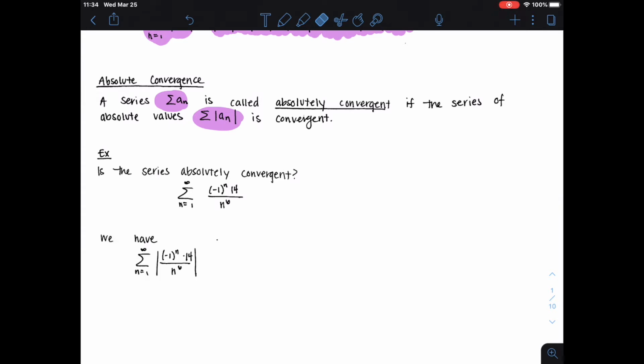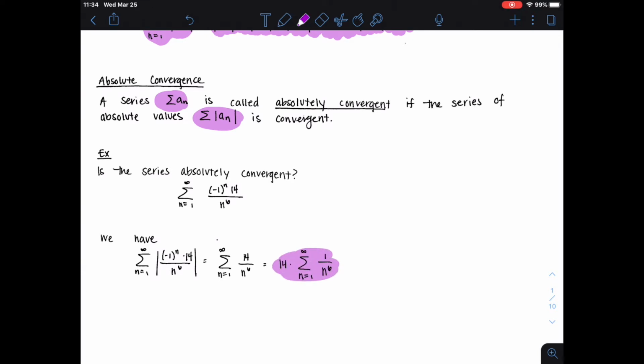So what we want to do is look at that term in absolute values. The 14 and n^6 are both positive, so this alternating part we have is going to disappear. So this just becomes the sum from n equals 1 to infinity of 14 over n^6. And you just pull that 14 out, and what you're left with then is a p-series.